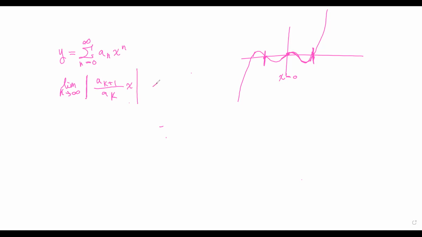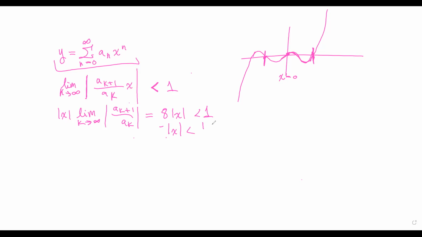And so long as this ratio is less than 1, we know that this series will converge for those values of x. Okay, so for example, if your limit as k approaches infinity of a_(k+1) over a_k is equal to 8, then your radius of convergence would be 1 over 8 up above, right over there. Okay.